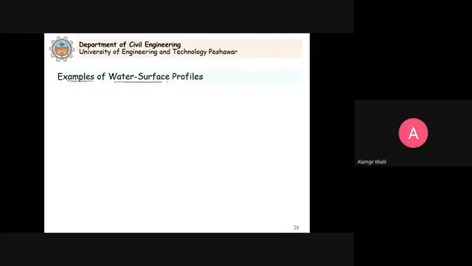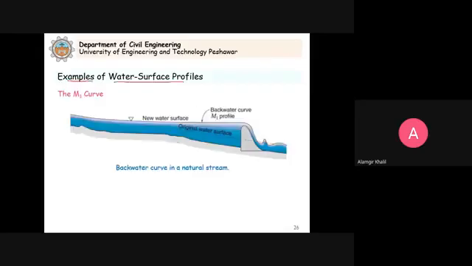But when we construct a hydraulic structure, the water level will increase and the effect will travel upstream, and this will result in M1 profile. This is known as the backwater curve, the famous backwater curve, because we construct dams frequently. So this is the backwater curve in a natural stream, an M1 profile that we just discussed.